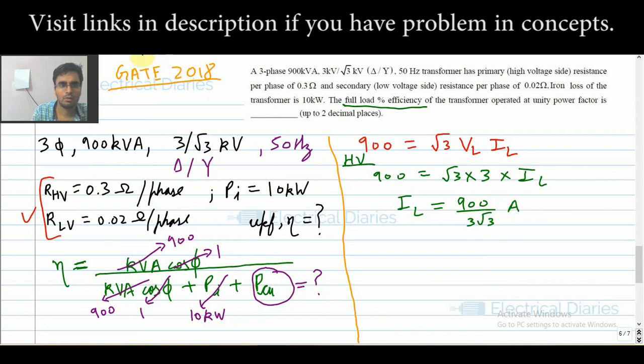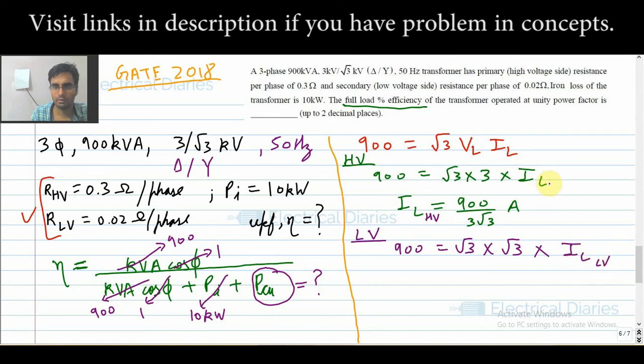Okay, so now I will take the LV side. So your LV side will be 900, again root 3, and remember this is now the star connection. So these are the line voltages only, so it will be root 3 into VL for the LV side.